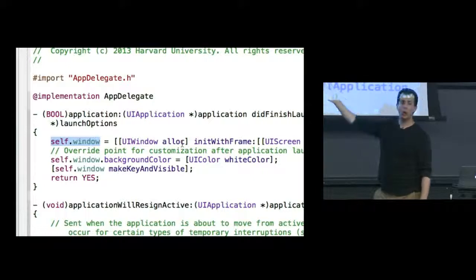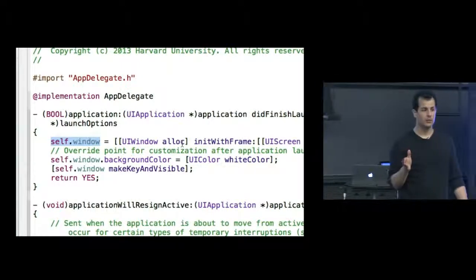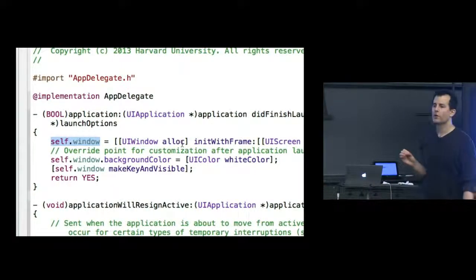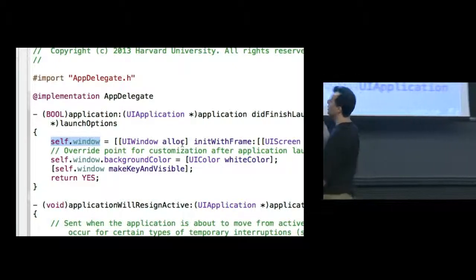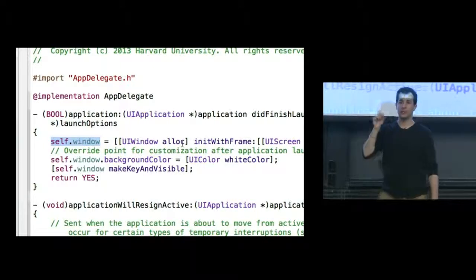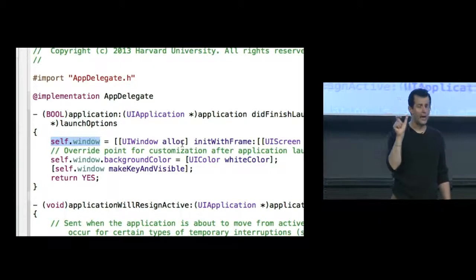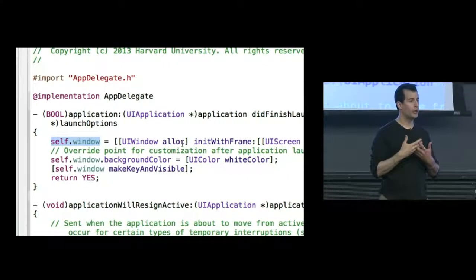So self.window is effectively invoking a method. Which method? The setter. So this is one of these pieces of syntactic sugar that you get with Objective-C. We could implement this same line of code by literally calling setWindow as the setter method that we get automatically by declaring a property.